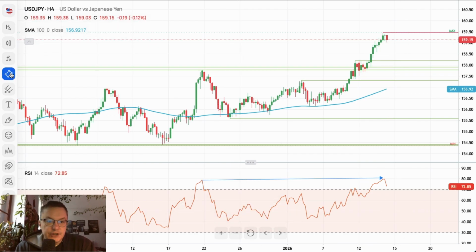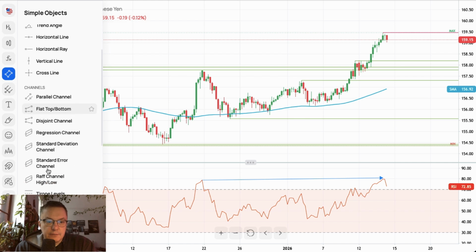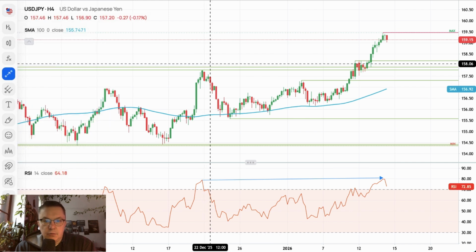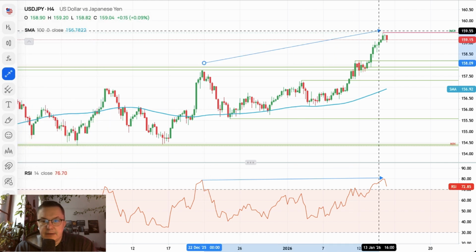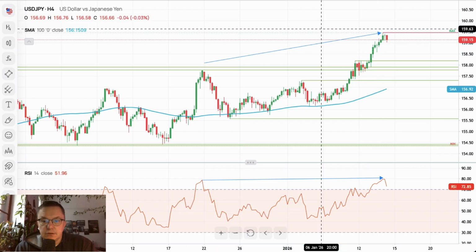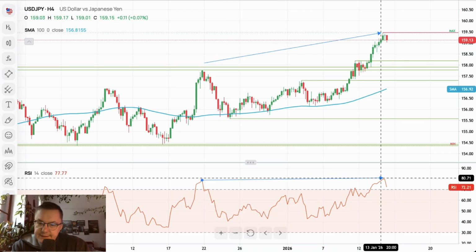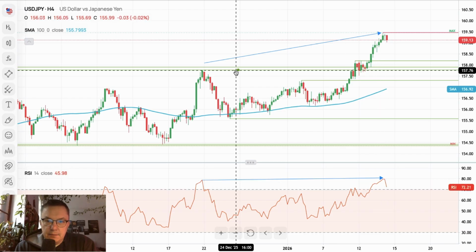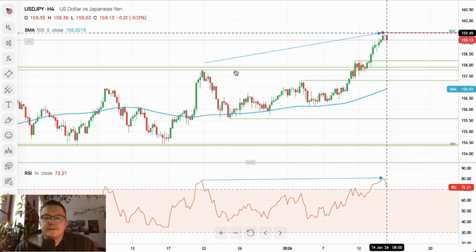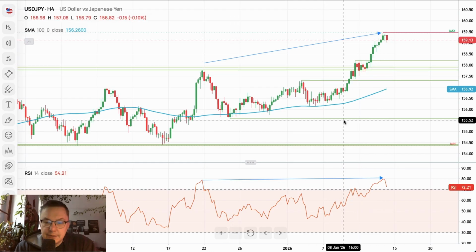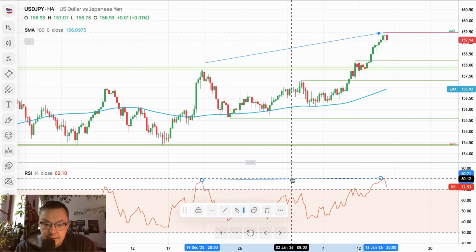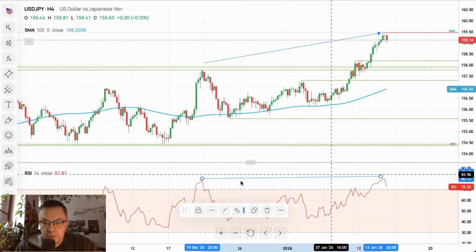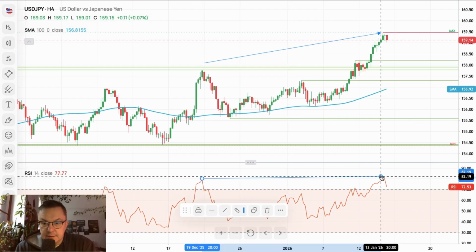But this situation here on the chart begs the question, wait a minute, maybe it is bearish divergence. All right, so yes, there is only a marginal increase in RSI, but a big increase in price. So it looks dodgy. At least it looks dodgy. So these two are almost equal.